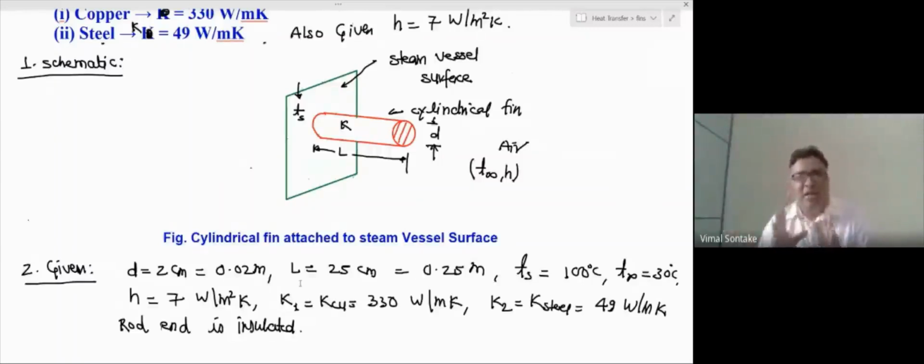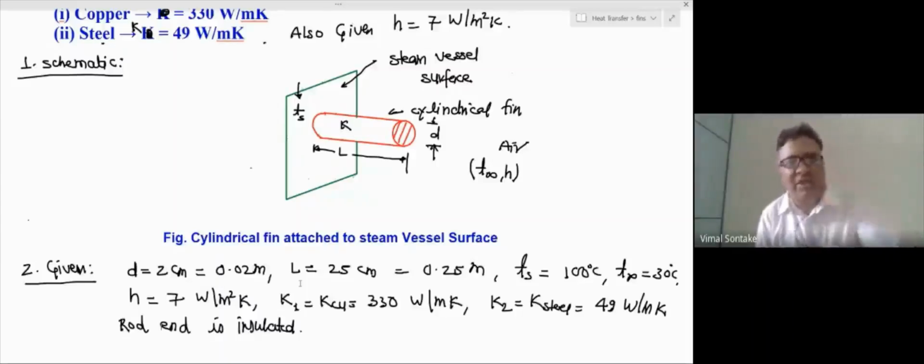And if it is not clearly mentioned, you are free to take any condition, any case. And under that condition, it is recommended to always consider heat transfer from fin with insulated tip. That is the present case, what I am going to consider.